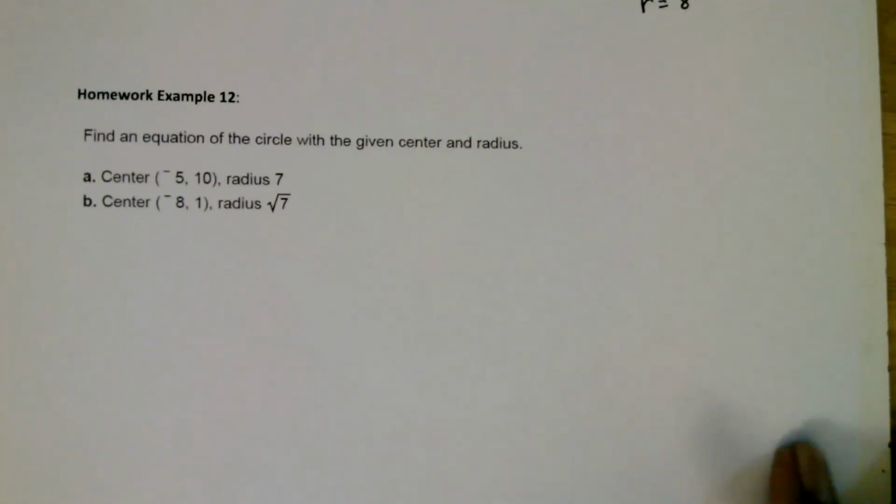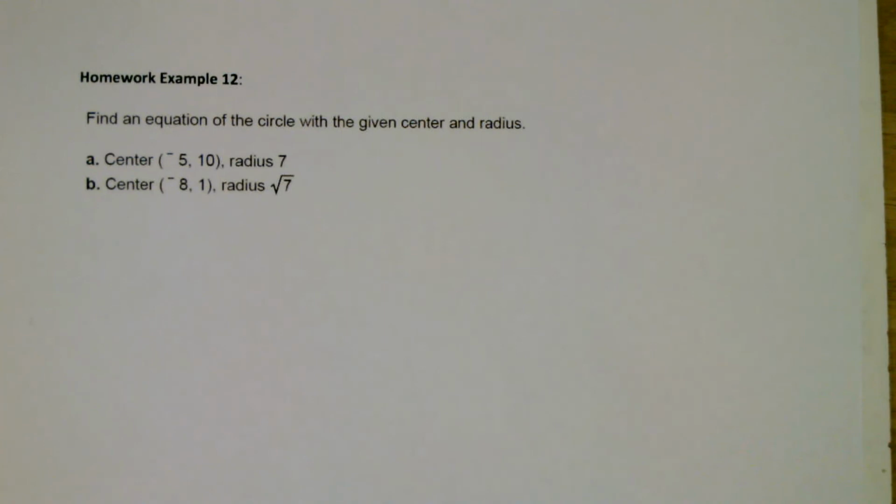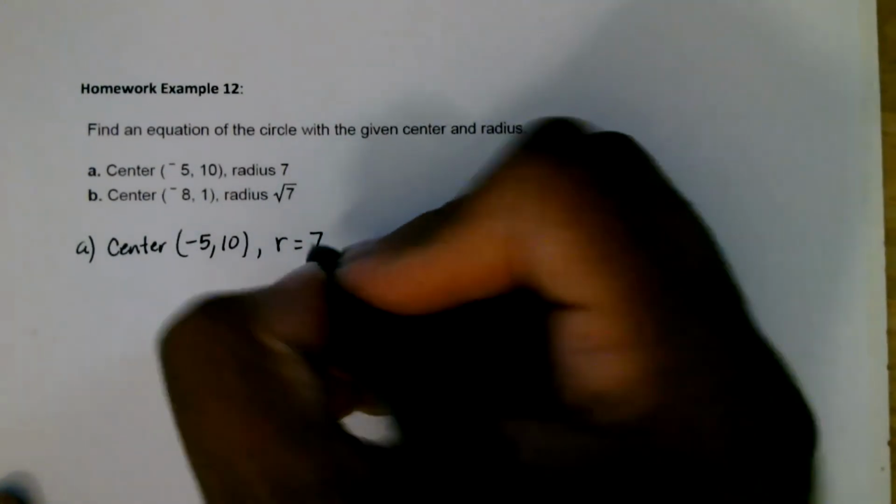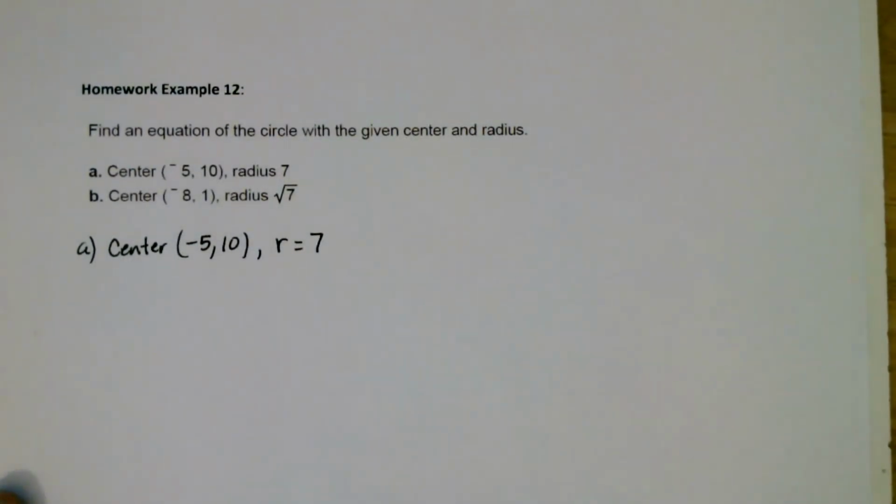All right, the last example in this video is to find the equation of a circle with the given center and radius. So in part A, we're given that the center of that circle is (-5, 10). The radius, now I'm going to label this as r, is 7.